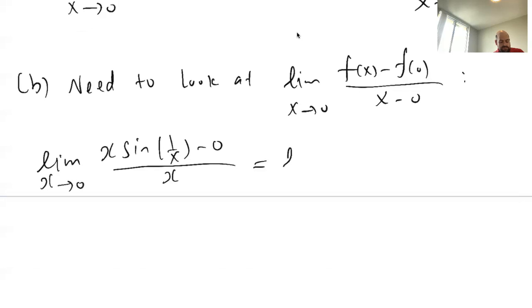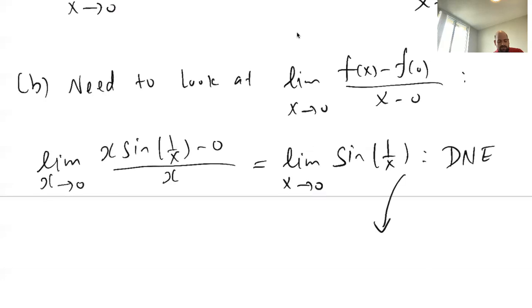This is the limit of sine 1 over x as x approaches 0. And this limit, we saw, does not exist. Again, we have seen this before. That limit of sine 1 over x as x approaches 0 is the same as the limit of sine t as t approaches infinity or minus infinity.